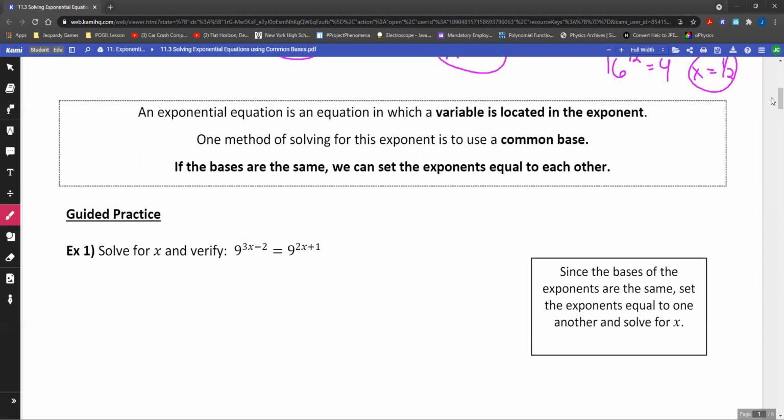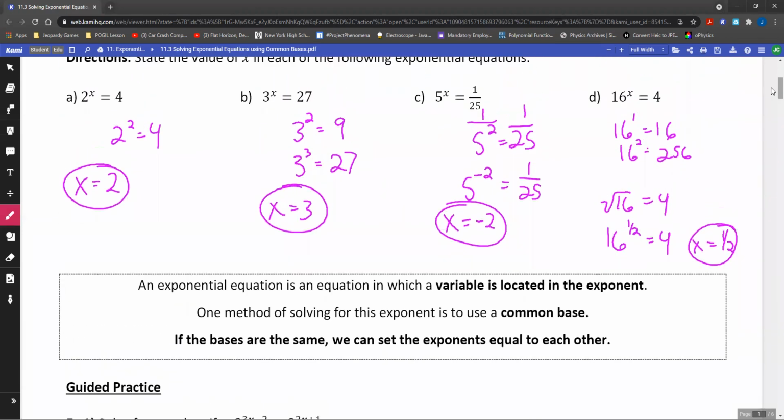See, in the do now, when I said 2 to the x equals 4, I was saying that I know that 4 could also be written as 2 squared. So because these now have common bases, I know that their exponents also have to be the same in order for this to make sense, which is where I got x equals 2.